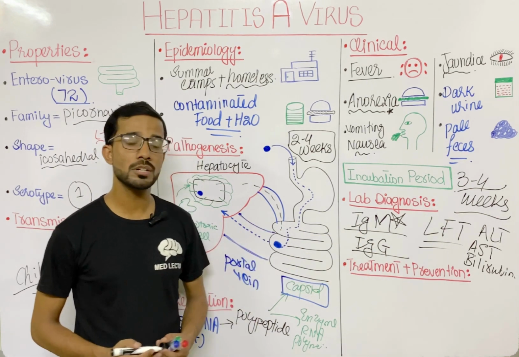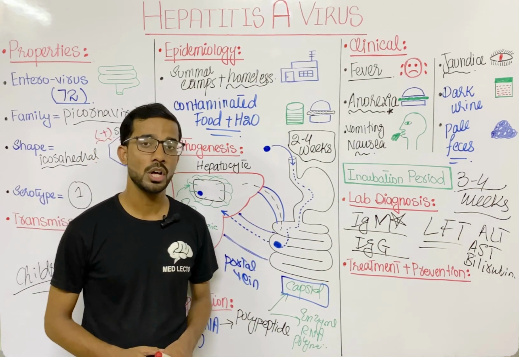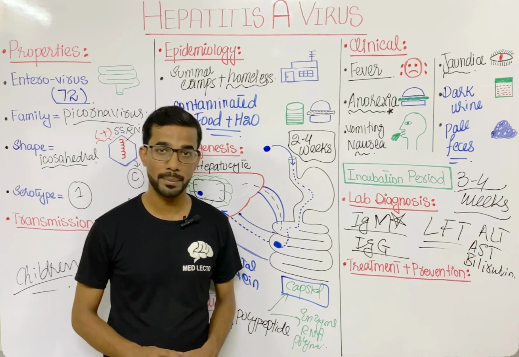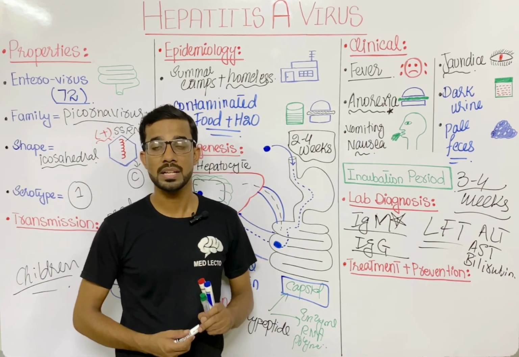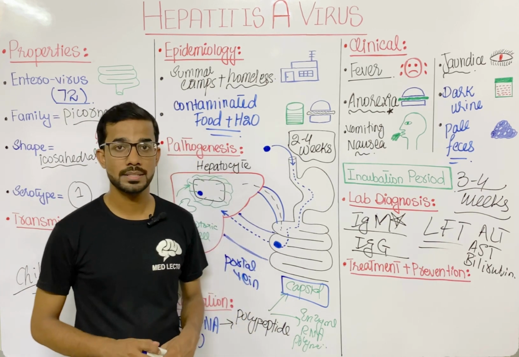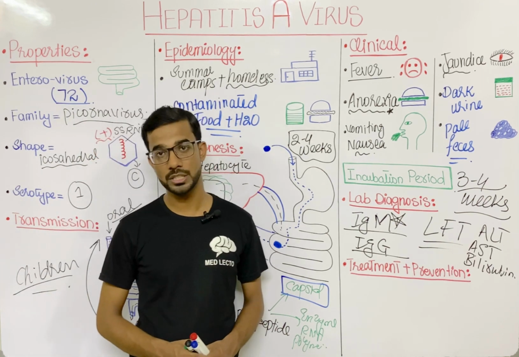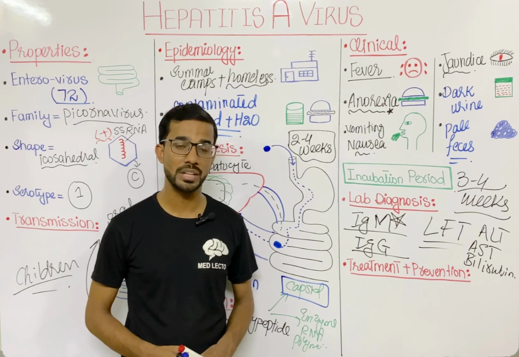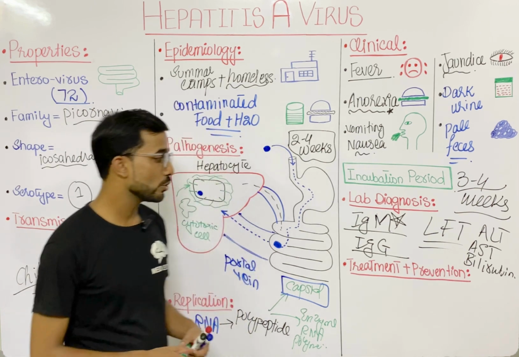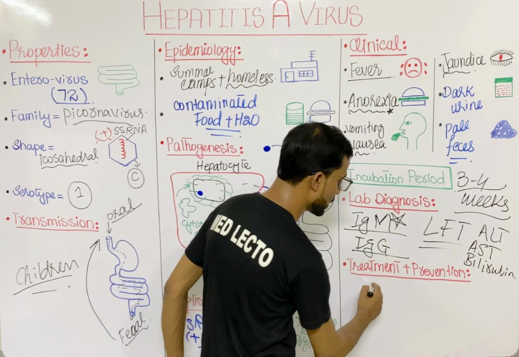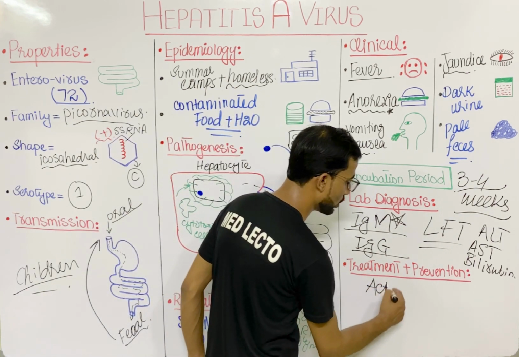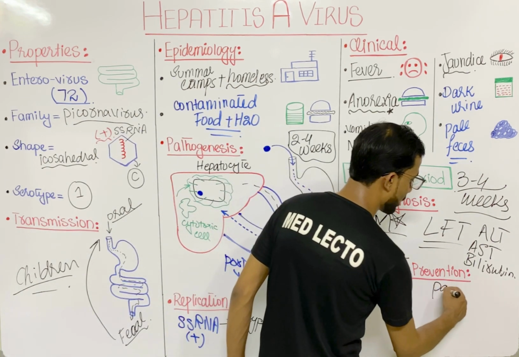If we look at the treatment and the prevention, there is no specific treatment for the hepatitis A virus. Yes, the prevention for the hepatitis A virus is obviously present. Good hygiene is very important in the prevention of the hepatitis A virus. And you can also go towards immunization. There are basically two types of immunization: active immunization and passive immunization.